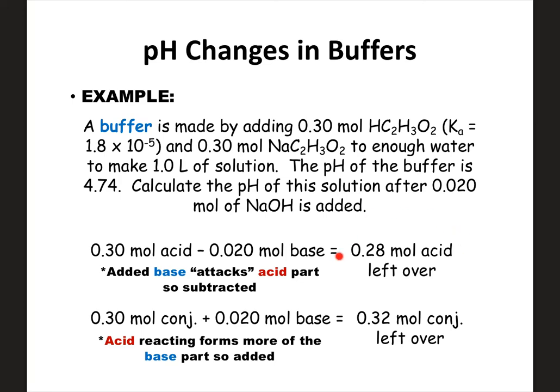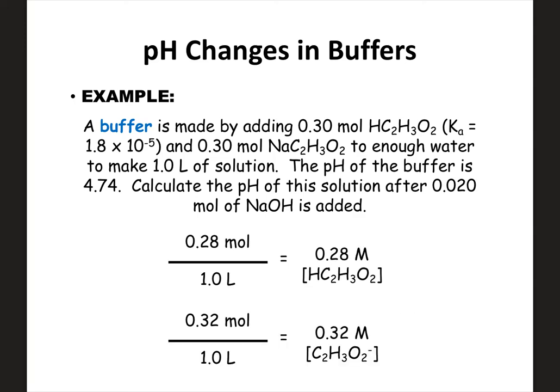So now I have my new moles here of the weak acid and the conjugate. Now I can take these and get them into Henderson-Hasselbalch once I pay attention to their concentration. On the previous slide, we determined the number of moles of the weak acid still remaining and the number of moles of the conjugate that are here as well. But in order to use Henderson-Hasselbalch, we need their concentration.